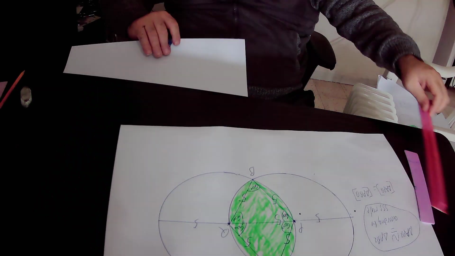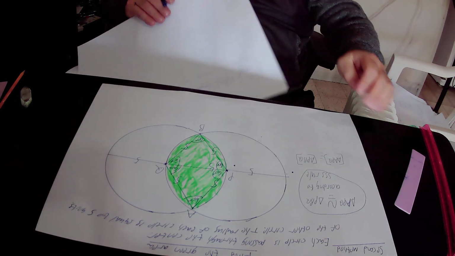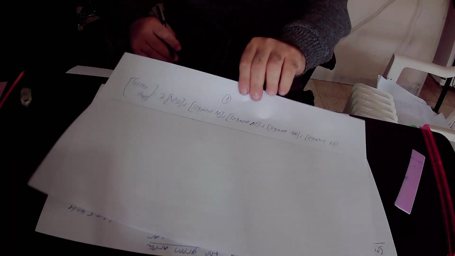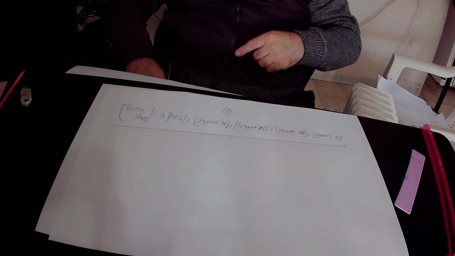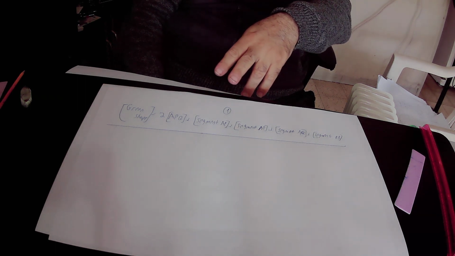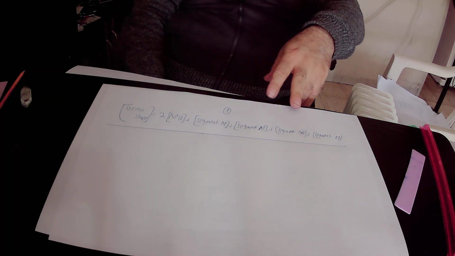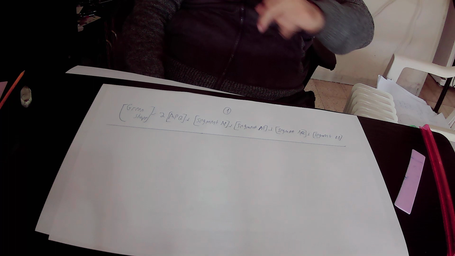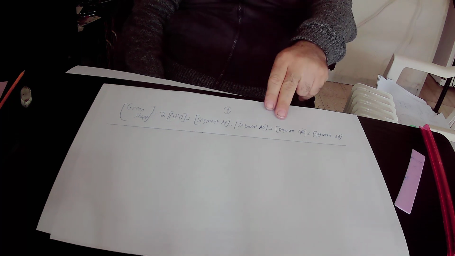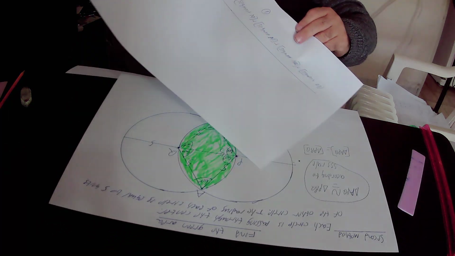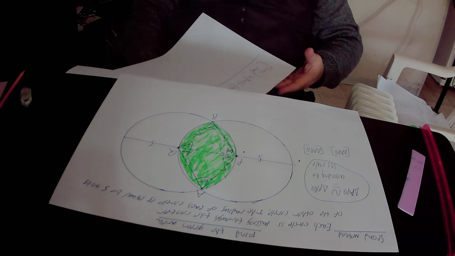I repeat again, the area of the green shape will be equal to 2 times the area of the equilateral triangle APQ, plus the area of the 4 segments: segment AP, segment PB, segment AQ, and segment QB. Okay? So what is the area of triangle APQ?